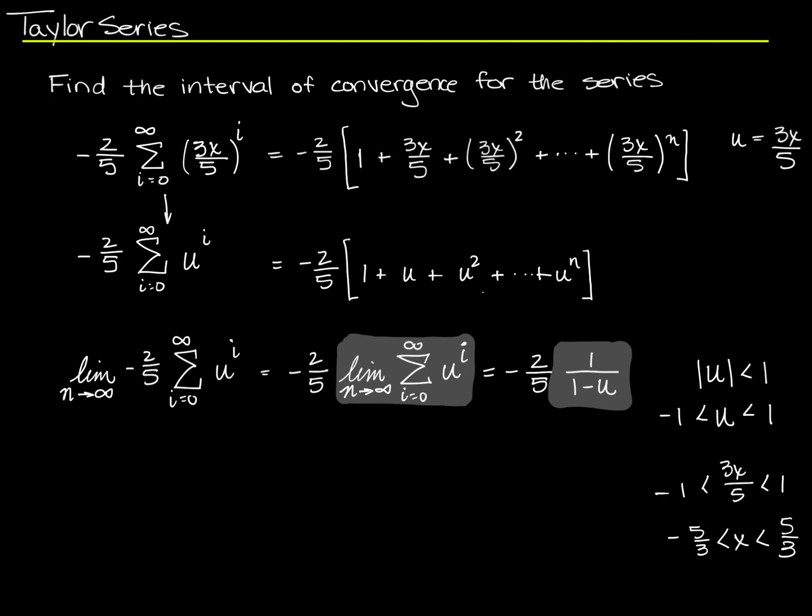And that tells me that for this statement to be true, the absolute value of u must be less than 1, and when you back substitute, you get that x must be between negative 5/3 and 5/3. So this interval of convergence is actually based on the interval of convergence of this series here. But the interval of convergence for the problem that we've just been working on is negative 5/3 to 5/3.